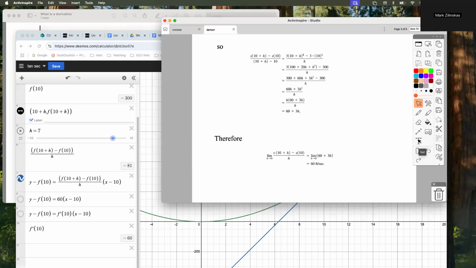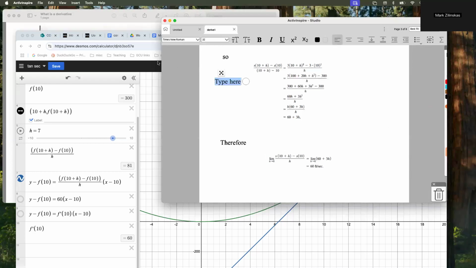Let's do this. We're going to call this a function. I hate to do this while I'm doing this because it just makes these videos longer, but S of t is equal to 3t squared. Okay, so let's just go ahead and do that. So that's our function here.